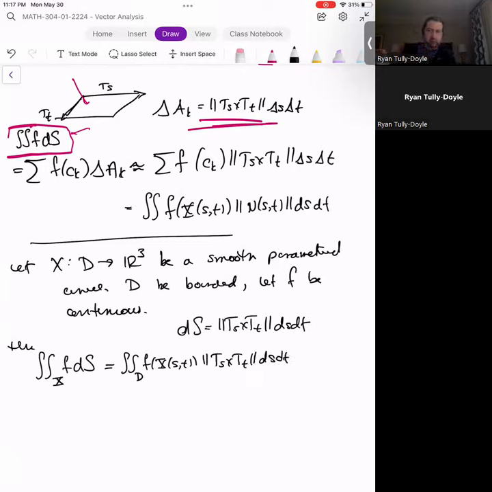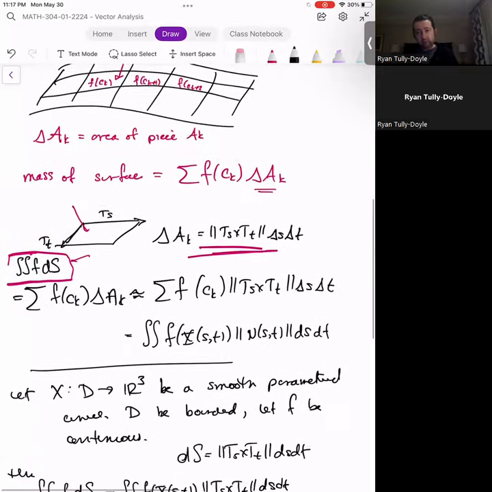And if we really want to emphasize that we don't care about the coordinate curves and we really just care about the normal vector, the geometry of what we're doing, we could write this as the double integral over D of f of x of s and t times the length of the normal vector of s and t. And that's our definition of a surface scalar integral.